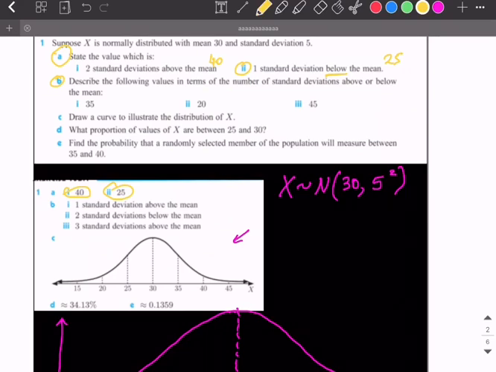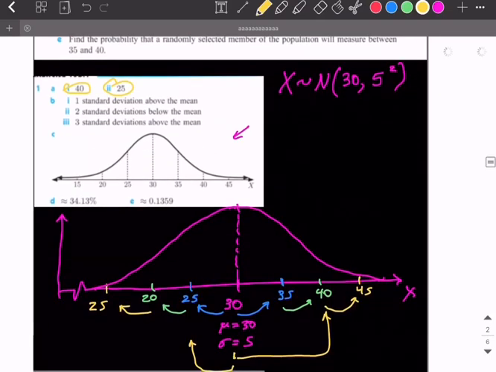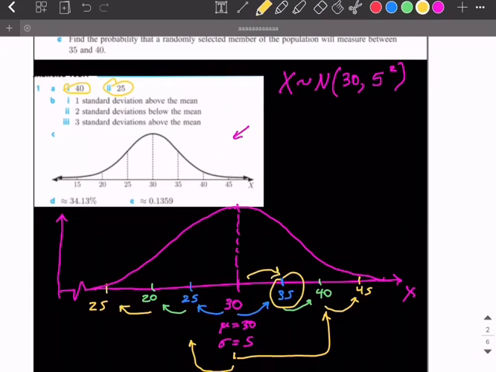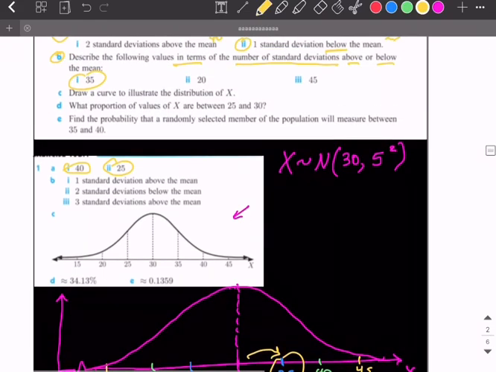B. Describe the following values in terms of the number of standard deviations above or below the mean. So we have 35. All right, let me look at my graph. 35 is 1 standard deviation above the mean. Let's see number 20.